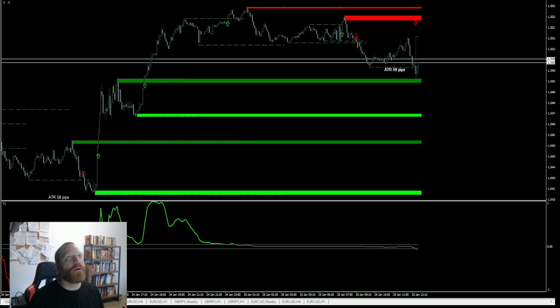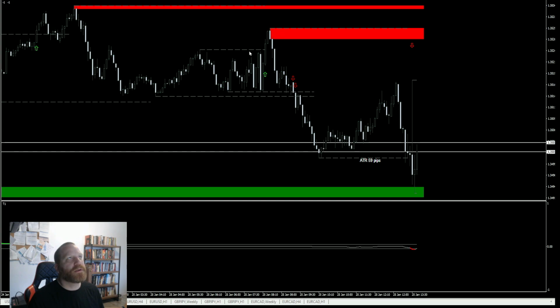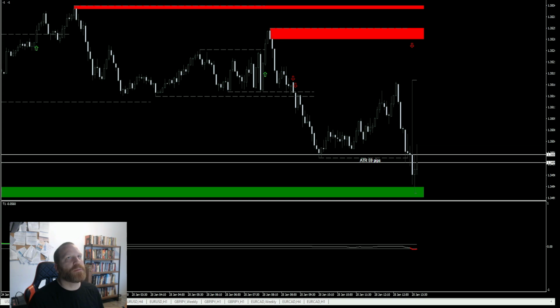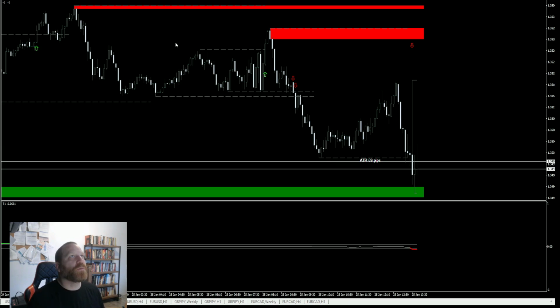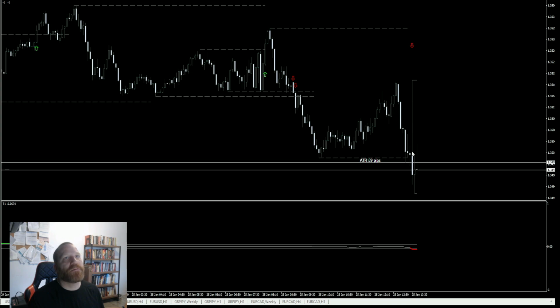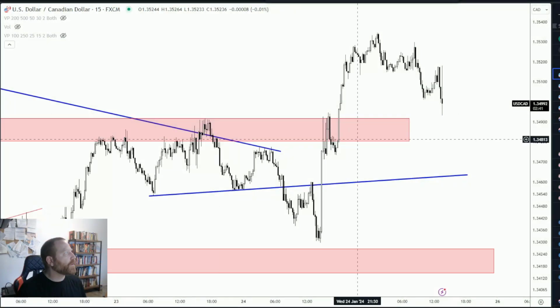Basically, here in that zone was where I started shorting, because here there was a false breakout on the upside. It was unable to break the resistance. And over here we have a big wick because there was some news going on.